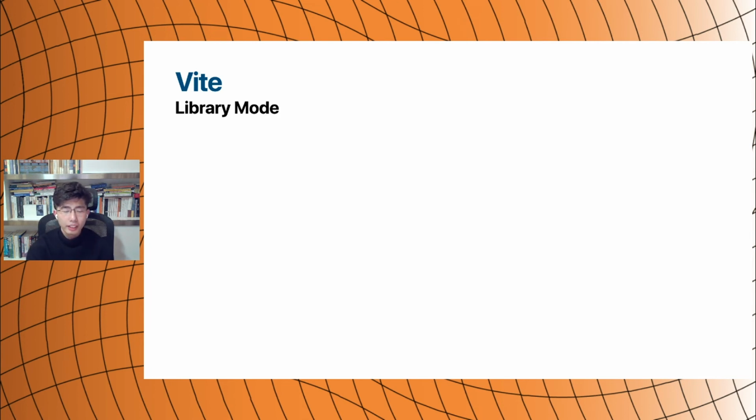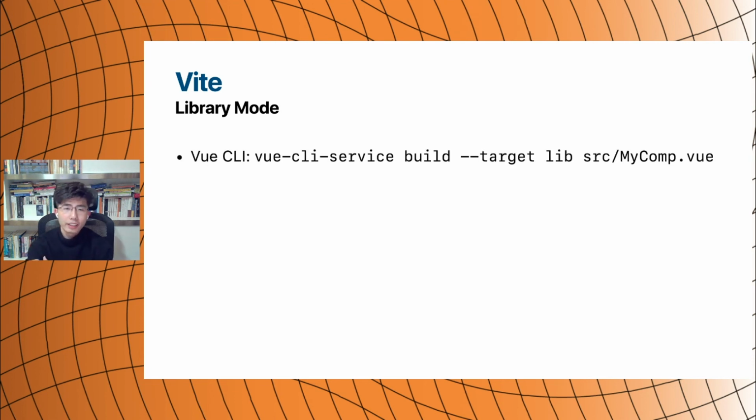And another thing is the library mode. In Vue CLI, we support multiple build targets, including web components, multi-page app, single-page app, and the library. The library is a component library that is built from a Vue file or a JS file. But it is also confusing sometimes because many of the features are built into the command line tool rather than the configurations.